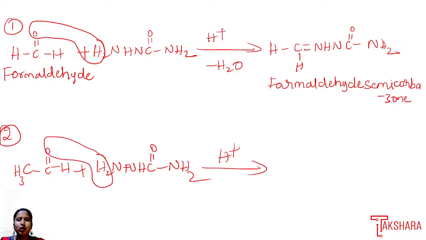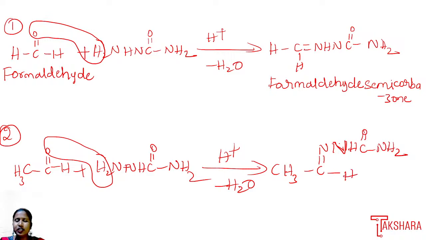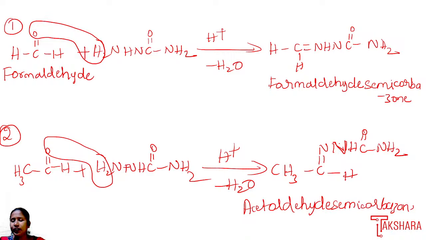Again a water molecule is removed, minus water, and the product is CH3 C double bond N NH C double bond O NH2. Whatever hydrogen atoms are there, we write as they are. So this is called acetaldehyde semi-carbazone. Acetaldehyde semi-carbazone product is going to form.